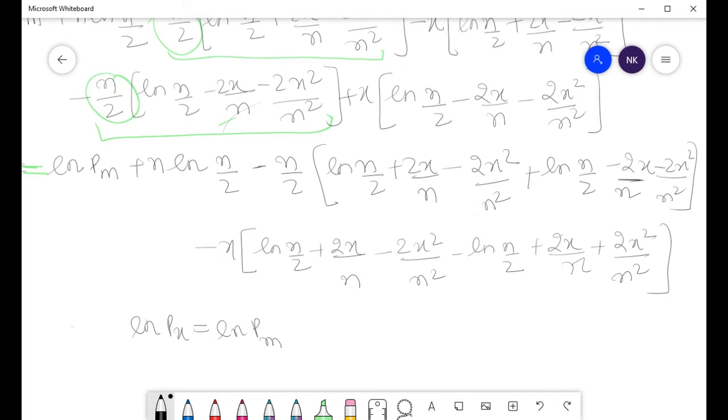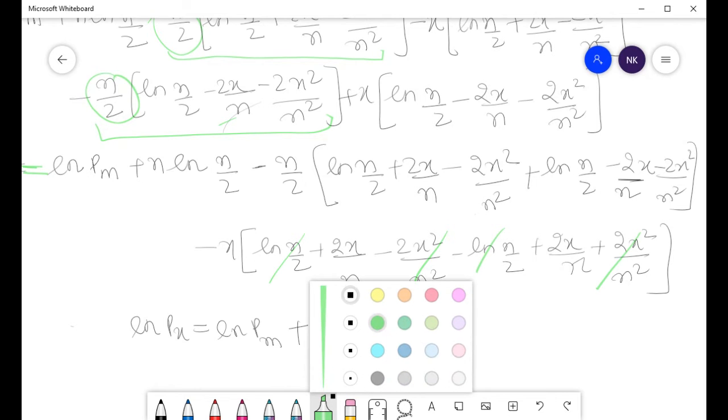सॉल्व करो, ये कुछ कुछ आपस में कैंसिल हो जाएंगे. जैसे मैं तुमको बताती हूँ, this is going to cancel with this and then 2x square is going to cancel with this. There are many terms which will be cancelled. Hurry up. Please tell me what I'm left with, because I need to write the final expression.